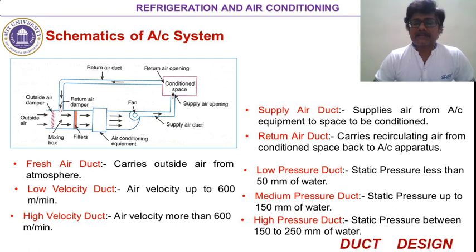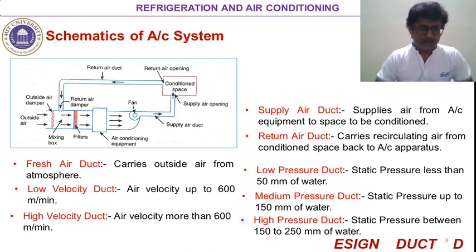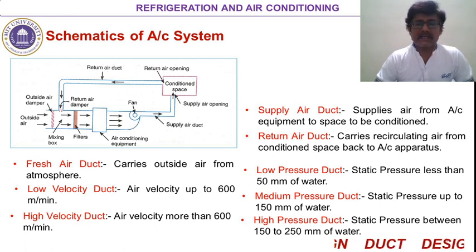Medium pressure duct, where the static pressure ranges up to 150 millimeters of water. Similarly, if the static pressure ranges between 150 and 250 millimeters of water, it would be called a high pressure duct. Based upon the velocity, we can have the low velocity duct and the high velocity duct.